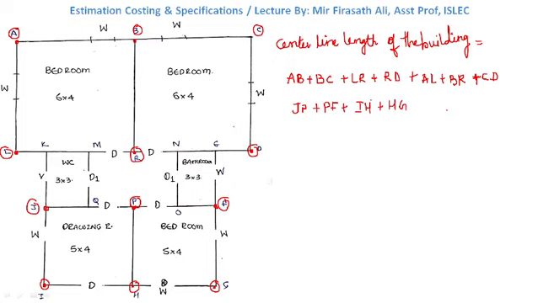After adding this, now let us add the vertical walls. KJ we have, MQ we have, N point is over here, O is over here. Add this: plus KJ, MQ.